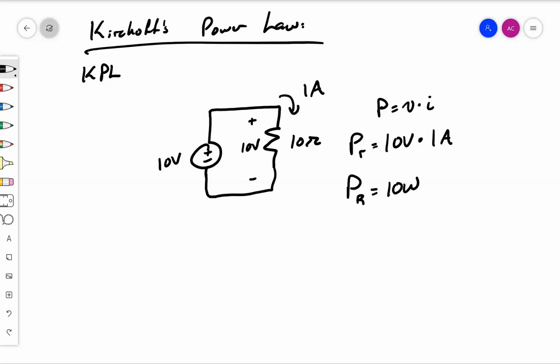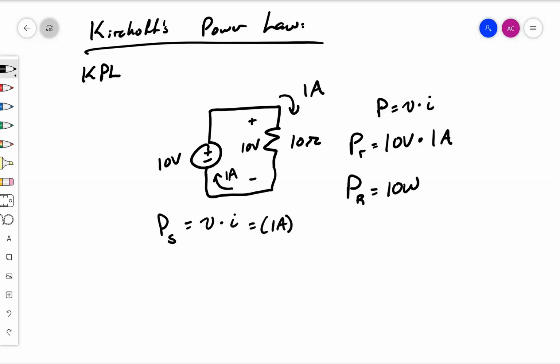Now let's look at the power in the voltage source. Remember, since current has to be conserved, there's also 1 amp coming here because it's a closed circuit. You can't just get rid of that current. So the power in the source is going to be equal to the voltage again times the current. We're going to keep the current positive, so let's just put the 1 amp here.